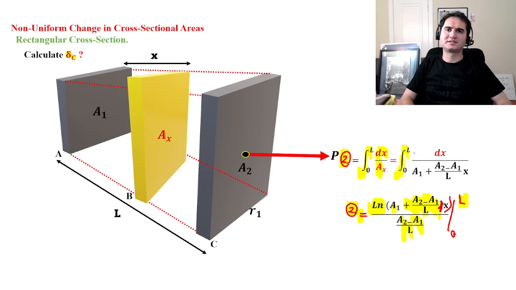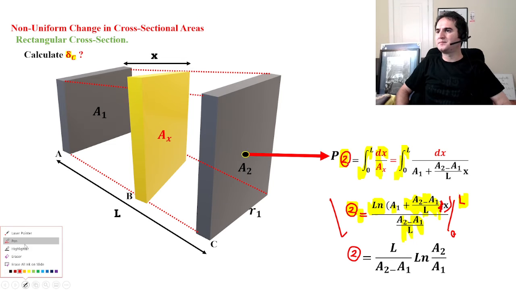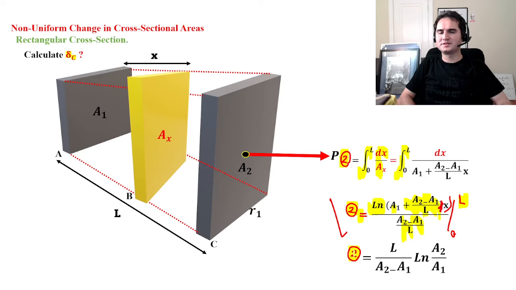I think that's the correct one. So let's keep moving. If you do the math, the denominator moves up like a constant, that's L over A2 minus A1, and the integration part gives you ln of A2 over A1.